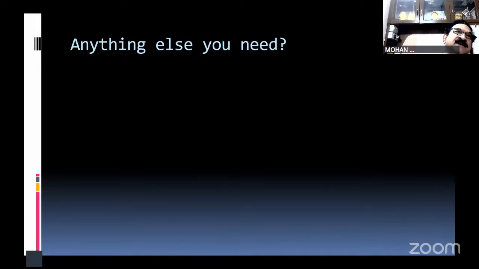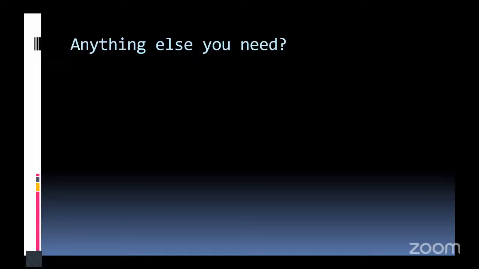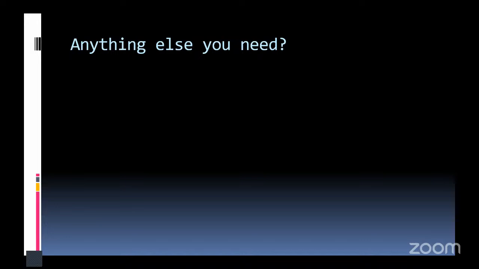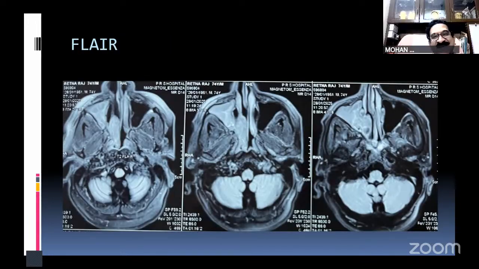So MRI normal, conduction almost normal. What do you want me to do? Contrast. Brain, sir. MRI brain. Why? For the ataxia, because not correlated. Okay. NPH. Okay, NPH, correct. So I did an MRI brain.